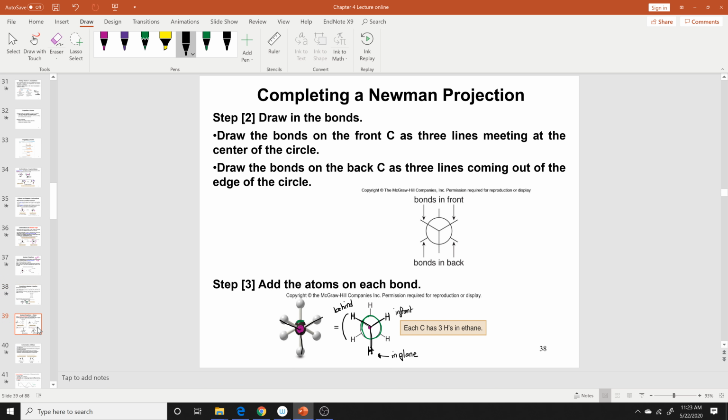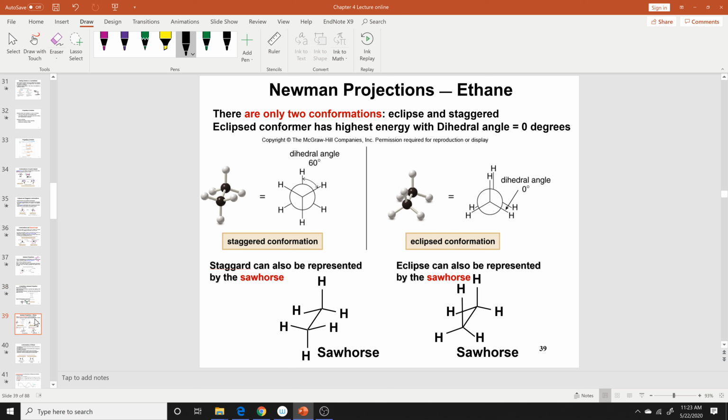So with this said, there are only two conformations for ethane. We're going to check the conformation for a 2-carbon chain, 3-carbon chain, and 4-carbon chain, and we're going to see. So for ethane, since ethane has hydrogens in there, all the hydrogens are going to be the same.